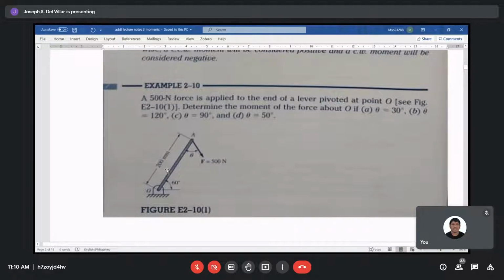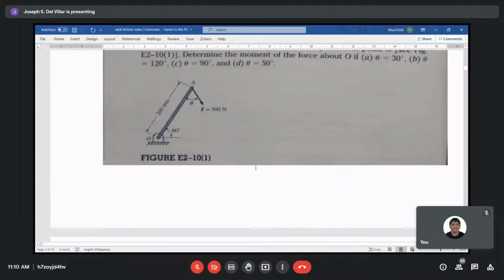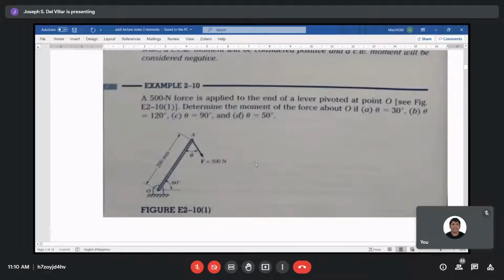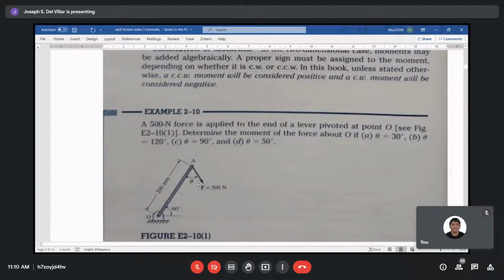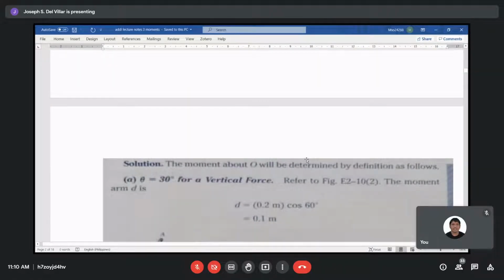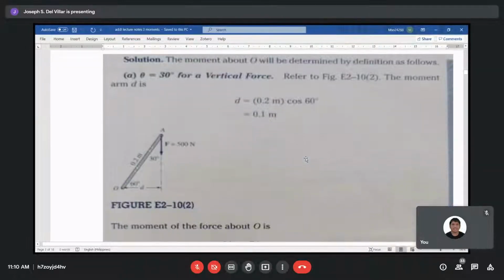Okay? So we need to convert this from mm to meter. So this one, 500 sine 30 times 0.2. Okay? So that is one solution.